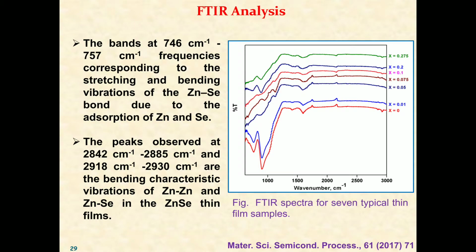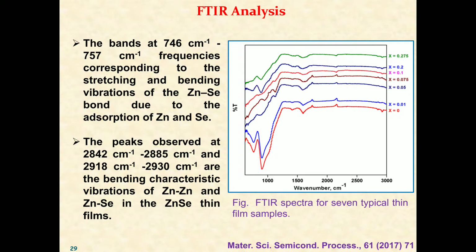A Perkin-Elmer spectrometer was used for FTIR analysis. The bands at 746 cm^-1 and 757 cm^-1 correspond to the stretching and bending vibrations of the ZnSe bond due to the adsorption of Zn and Se.